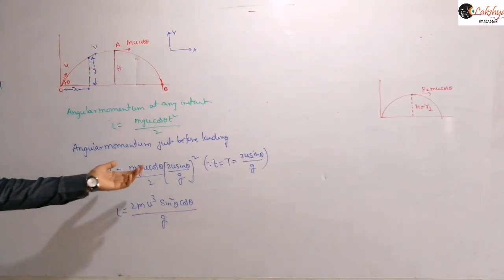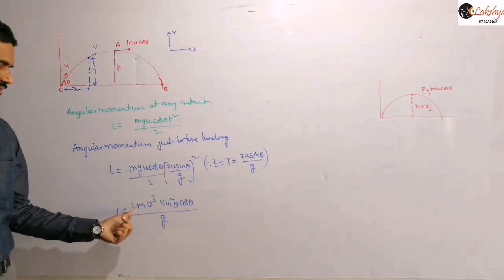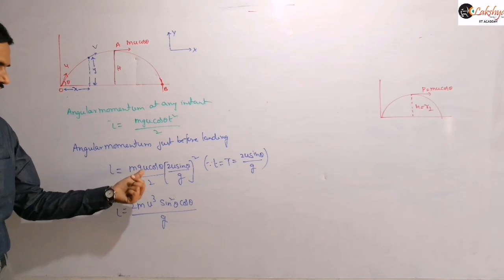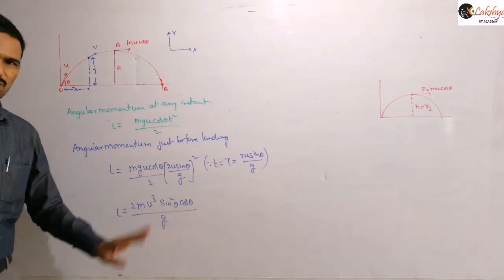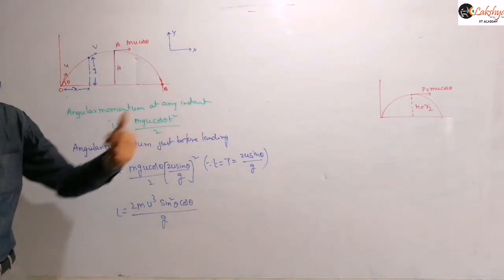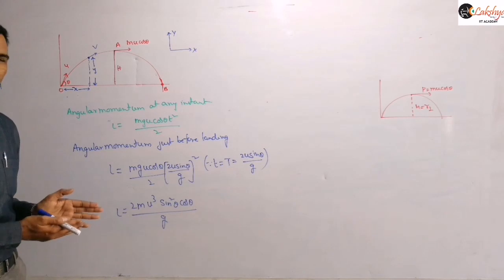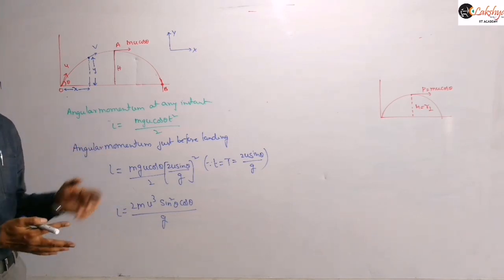So additionally this 2 square, 4, will be there in the numerator, and the remaining calculation is the same as our previous one. That is the angular momentum just before landing here. You can observe that it is 4 times that of the highest point.